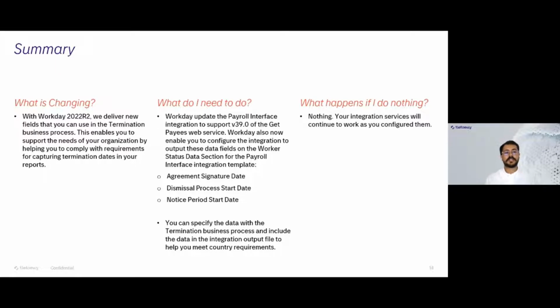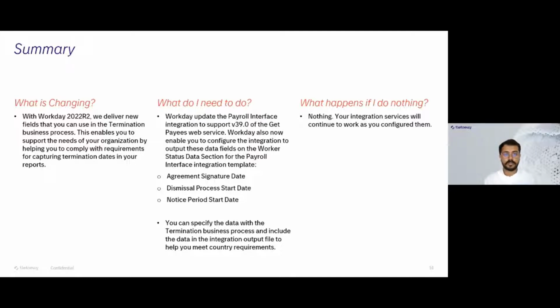What is changing? As we spoke earlier, with this change we are delivering new fields in the termination business process, and this will allow us to enhance the requirement of the specific organization for a required country.